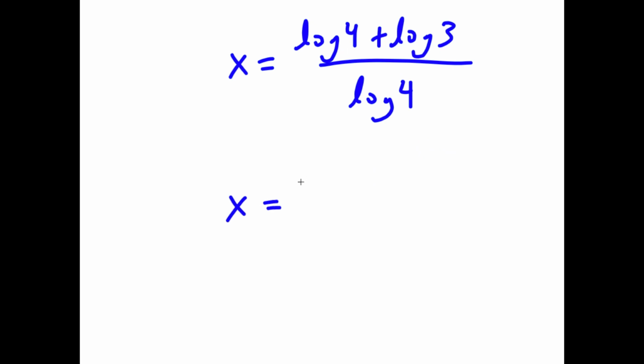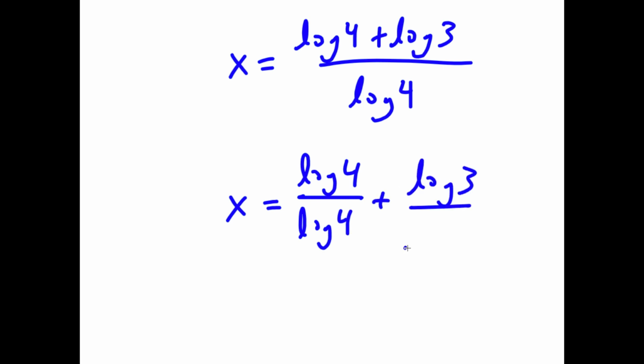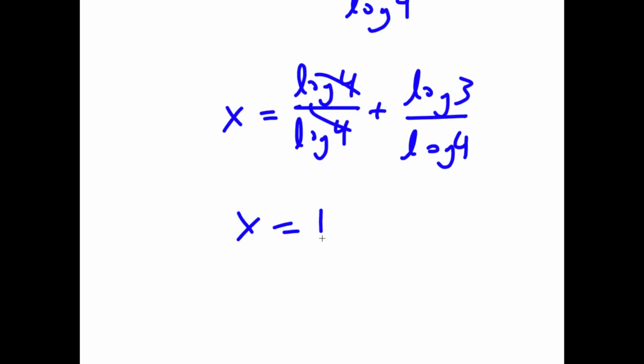So now this is the same thing as log 4 over log 4 plus log 3 over log 4. Now log 4 and log 4 cancel out. So now I get x is equal to 1 plus log 3 over log 4.